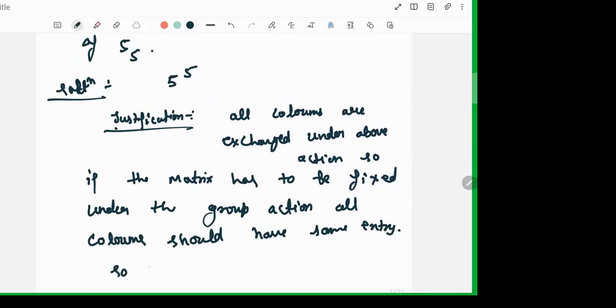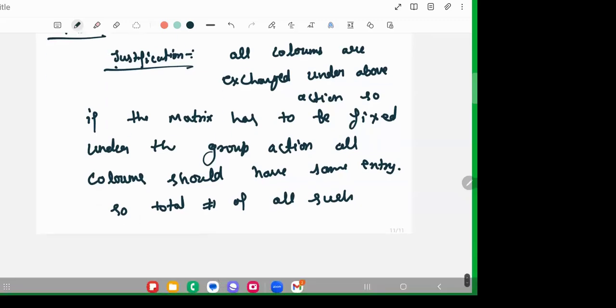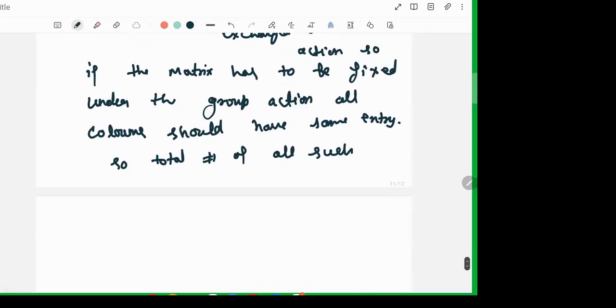So the total number of all such matrices equals 5 to the power 5. So now, yeah, that's good.